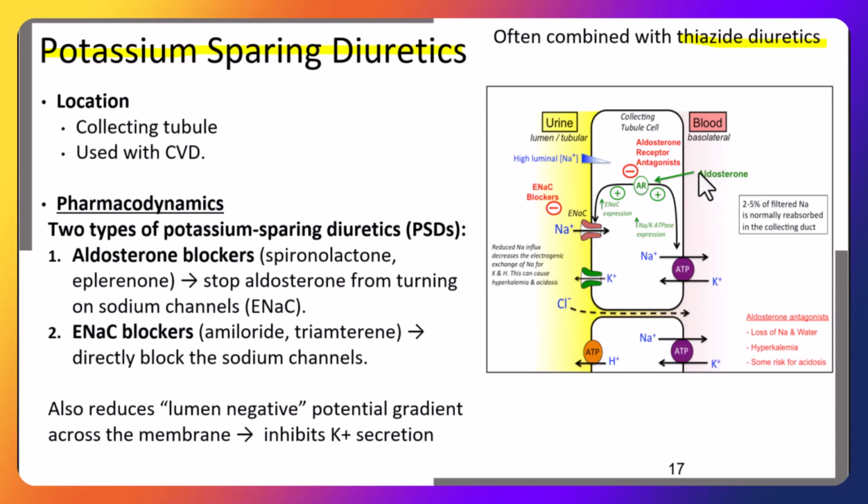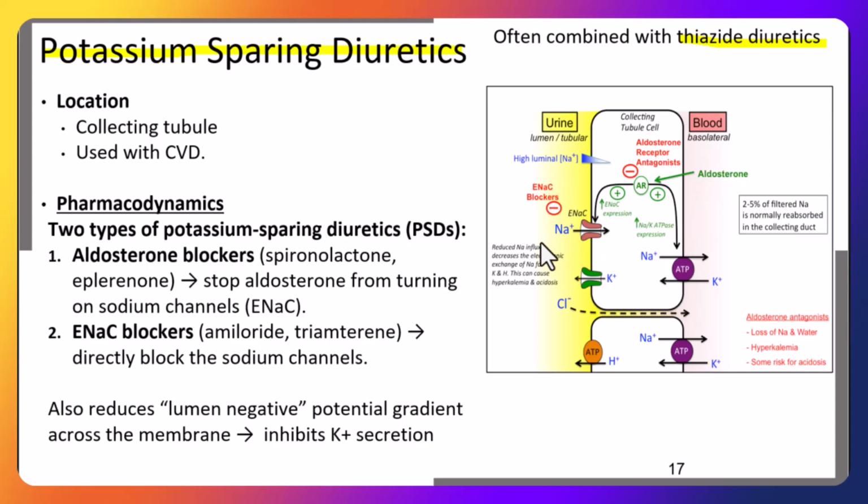Aldosterone, a hormone, can bind to aldosterone receptors and promote the expression, or really the formation of, epithelial sodium channels, which when those are formed, then they would embed themselves, just like this one has, in the plasma membrane, allowing for sodium to enter the cell from the tubule fluid. Aldosterone will also encourage the expression of sodium-potassium ATPase pumps, as shown here. So once that sodium comes in, then it can be pumped out.